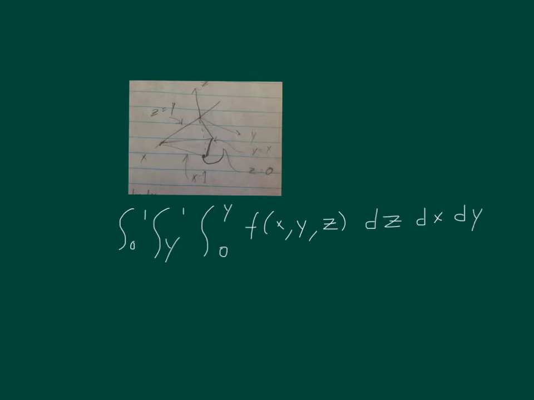So in terms of our 3D image, which we found here, our inner variable for our triple integral is z. And they have here z is equal to 0 and z is equal to y. So how did they figure this out, and how exactly does this work?